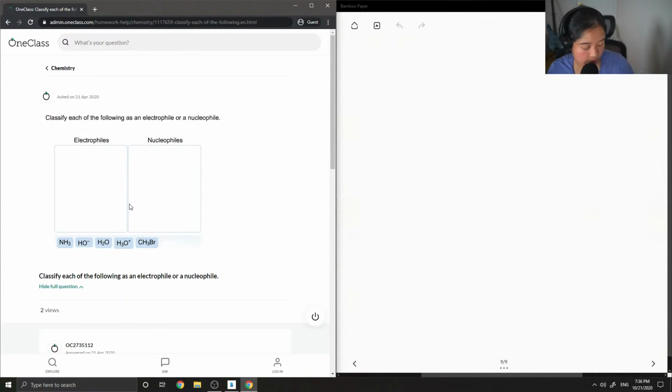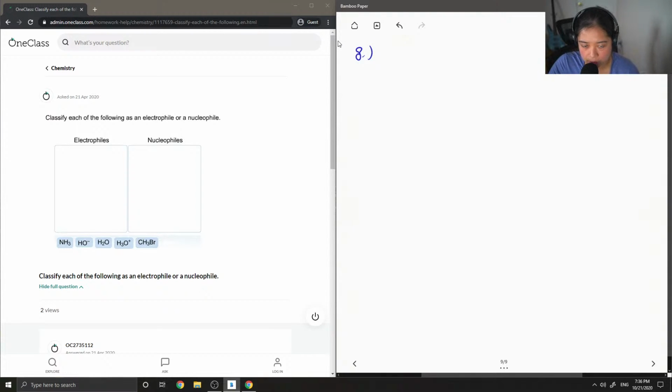Okay, so let's check out question 8. Classify each of the following as an electrophile or a nucleophile. Let's write down these definitions. So for electrophile, this literally means electron loving.